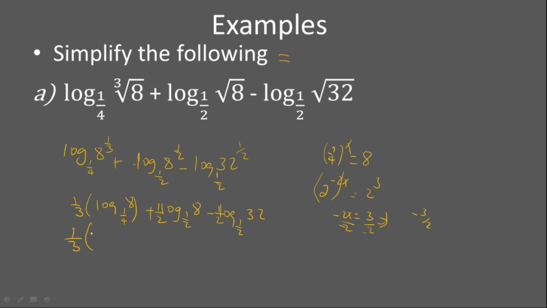So this can be written as negative 3 over 2 plus 1 over 2 times, and 1 over 2 to the power of x gives 8 is simply negative 3. Which means 1 over 2 is 2 to the power of negative 1, the whole to the power of x gives 2 to the power of 3, because 8 is 2 to the power of 3, so negative x equals 3. This implies that x is equivalent to negative 3.